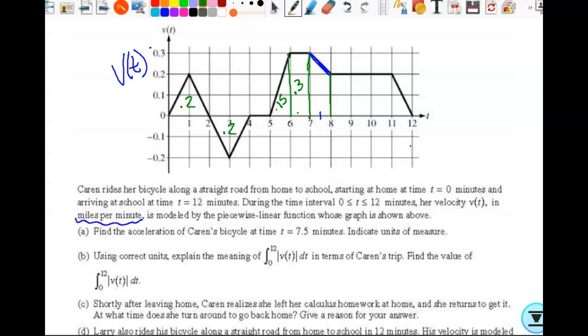All right, so then I'm going to add 0.2 plus 0.3. That's 0.5 times 1 divided by 2 is 0.25. And then I have a trapezoid here, but I think I would do a rectangle and a triangle. So 3 times 0.2 is 0.6. Then 1 times 0.2 divided by 2, 0.1.